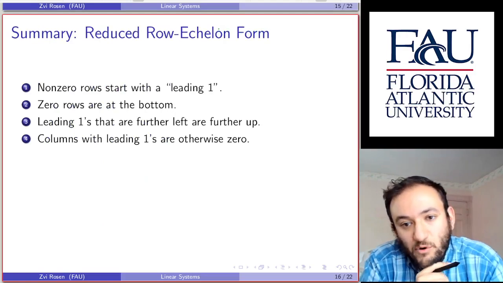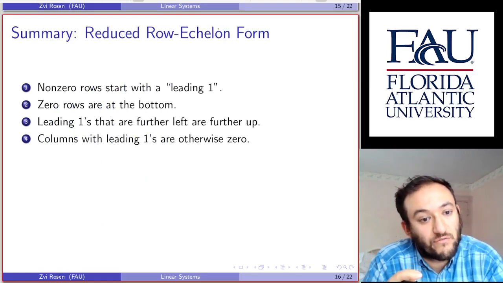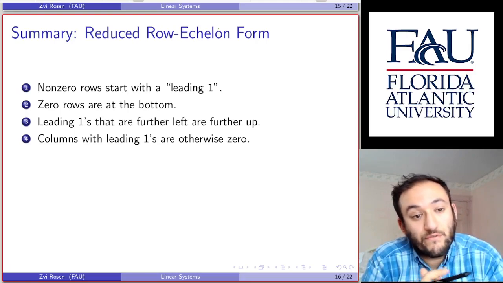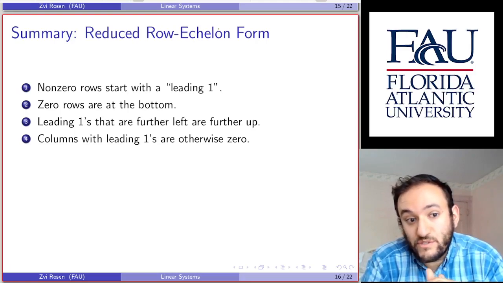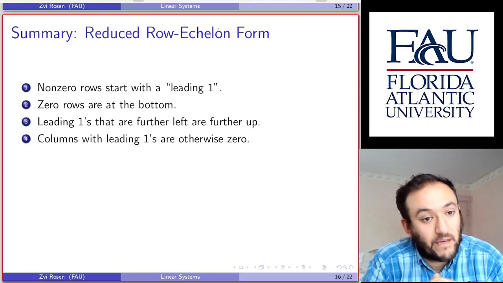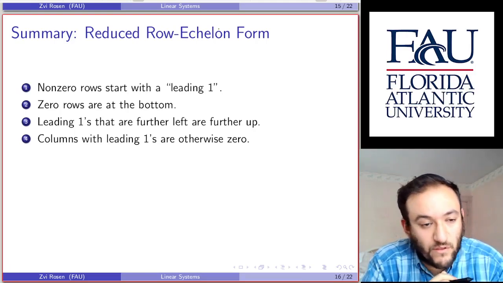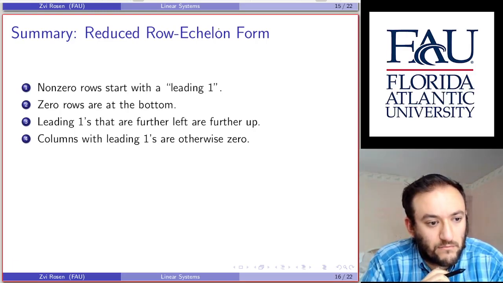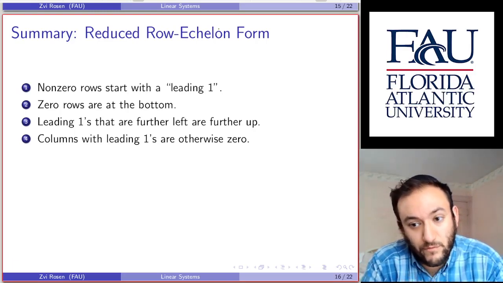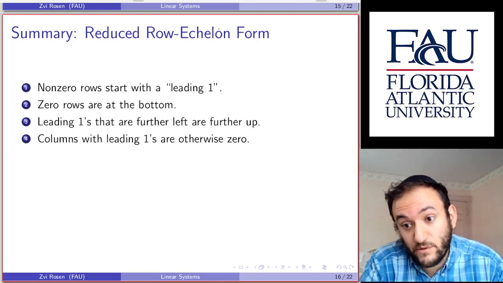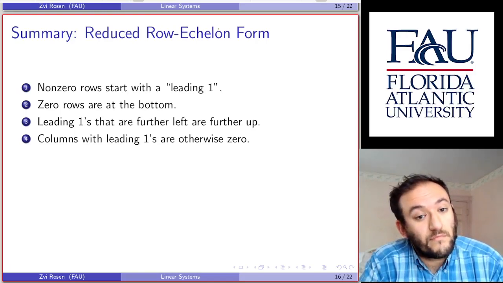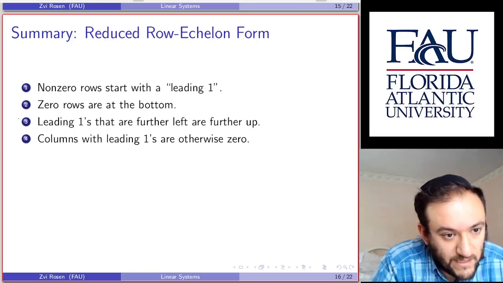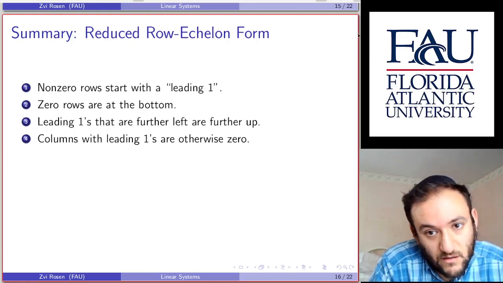Okay, so let's summarize what we want in reduced row echelon form. The first thing is that non-zero rows start with a leading 1. The 0 rows are at the bottom. We mentioned that, though it won't come up if you have the right number of equations, or if none of the equations are redundant. This point is one that I didn't mention.